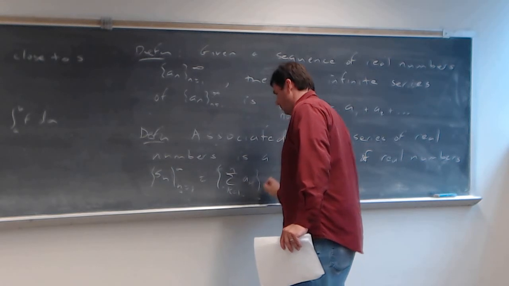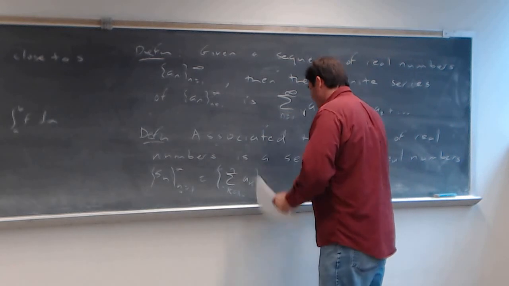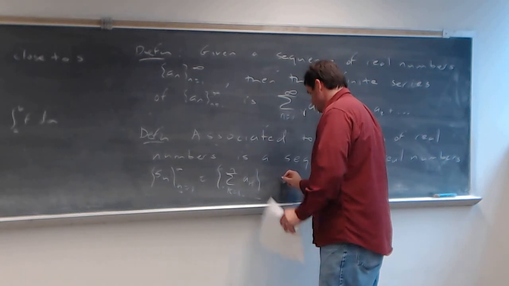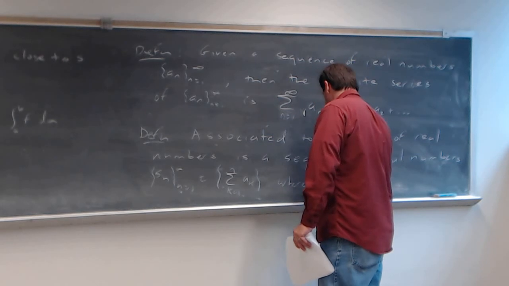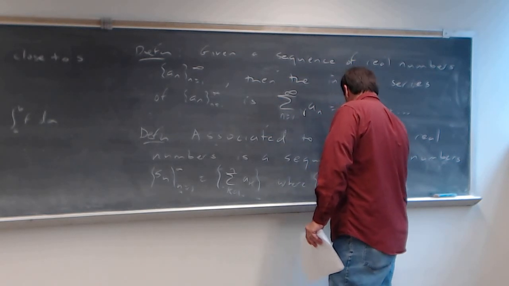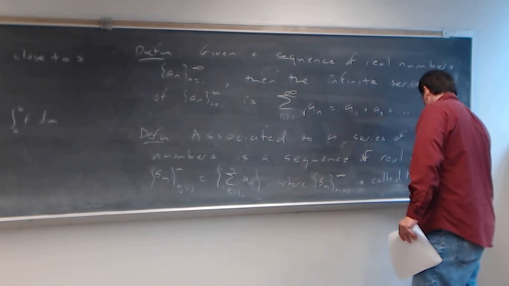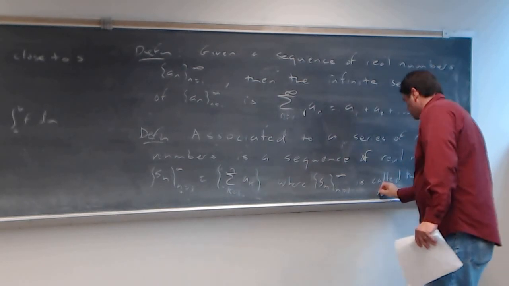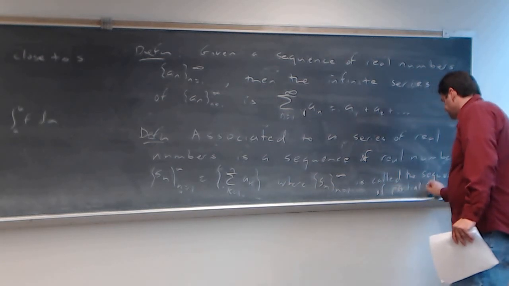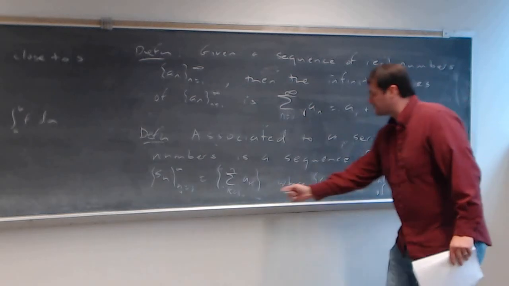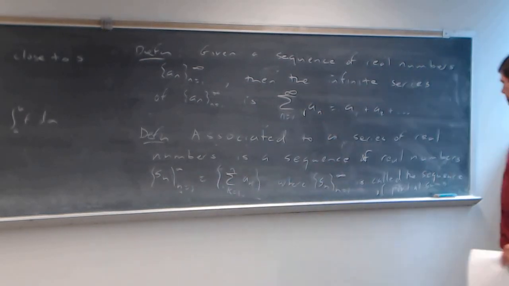I'll write A sub k. And this is known where this series S of n is called the sequence of partial sums.